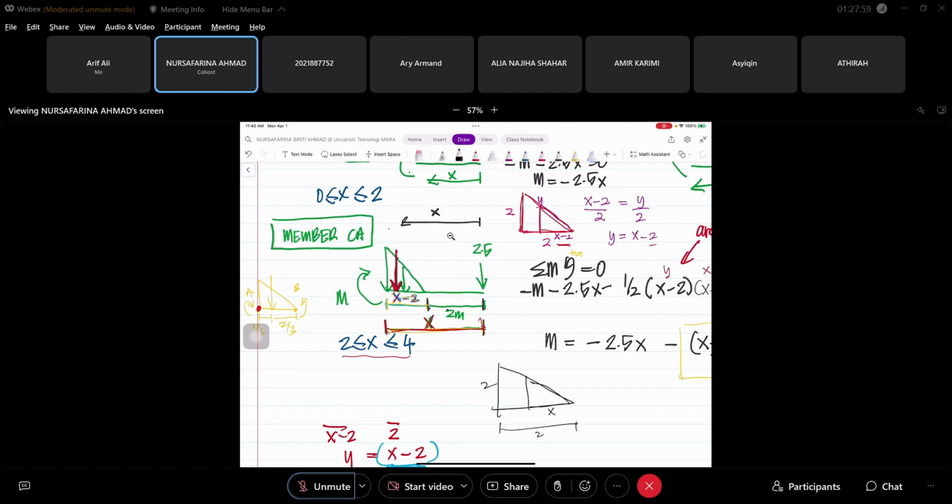Kenapa you buat X sedangkan X you adalah sepanjang-panjang ni X? Mestilah X tolak 2. Macam mana? Habis you nak ambil berapa?